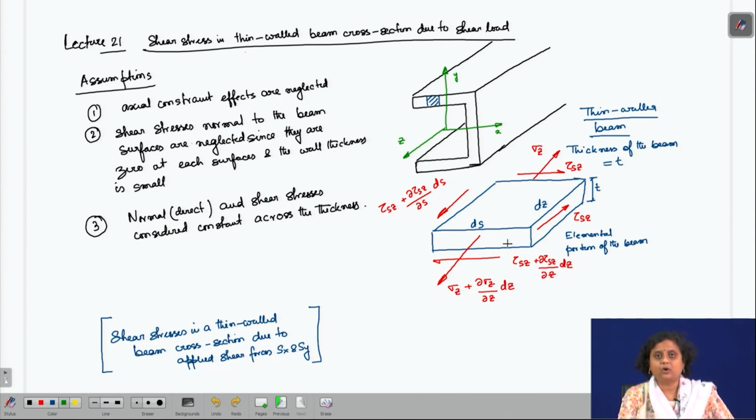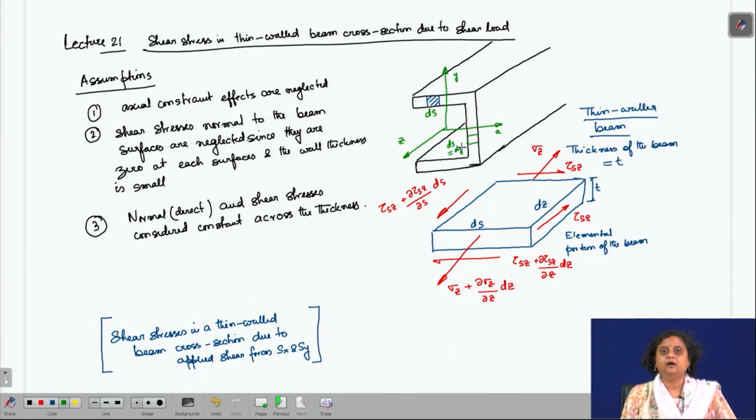Now, let us notice one more thing. One dimension of the elemental portion is taken as ds, because we cannot take it as dx or dy throughout. ds is dx on the top and bottom flanges, whereas if we consider an element here, ds is going to be dy.